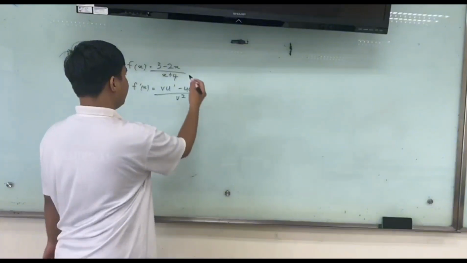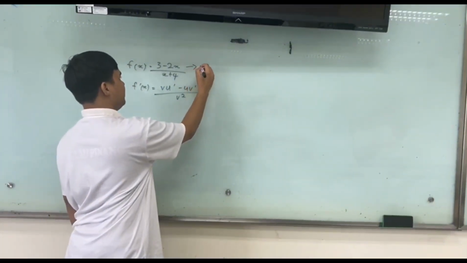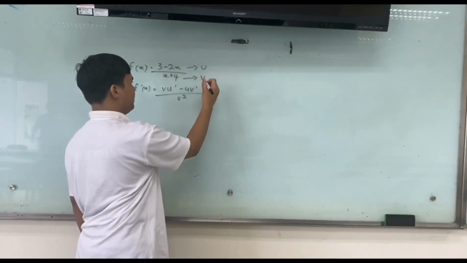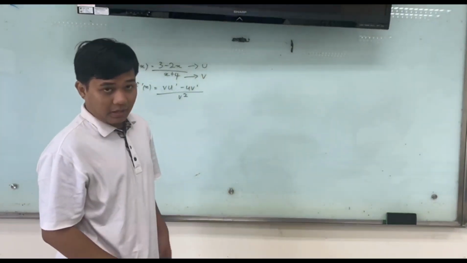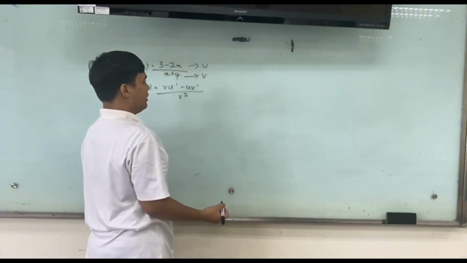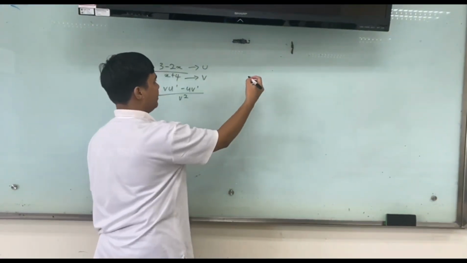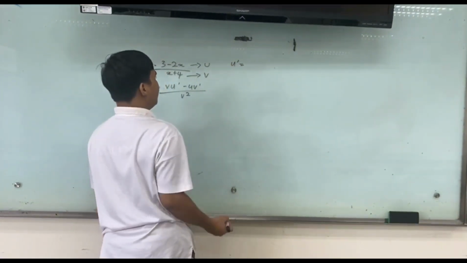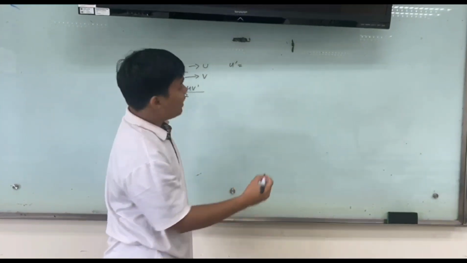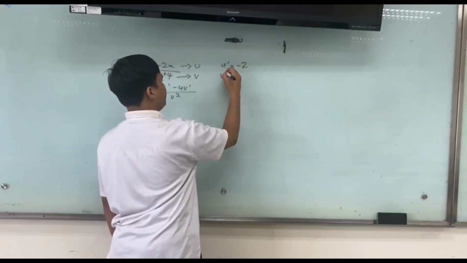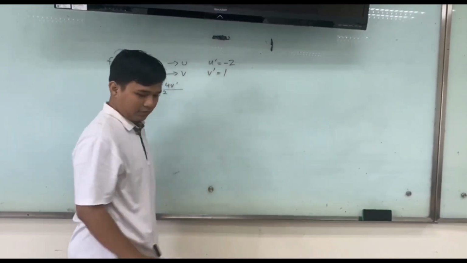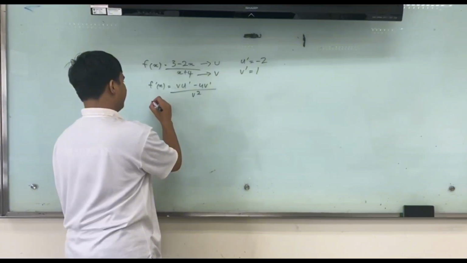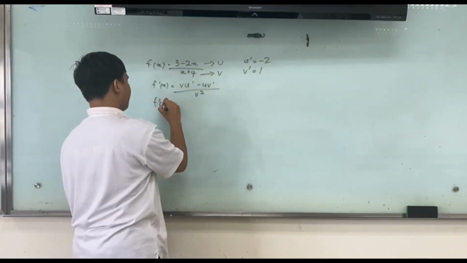This part will be the u, and the denominator will be the v. So we find the u prime and the v prime. The u prime will be negative 2, and the v prime will be 1. After we get the primes, we just simply put the numbers in.